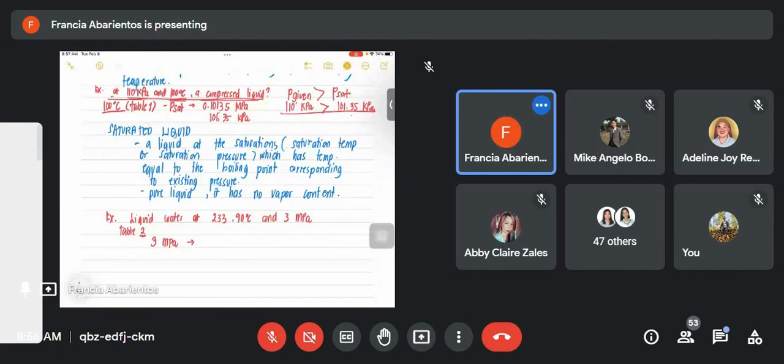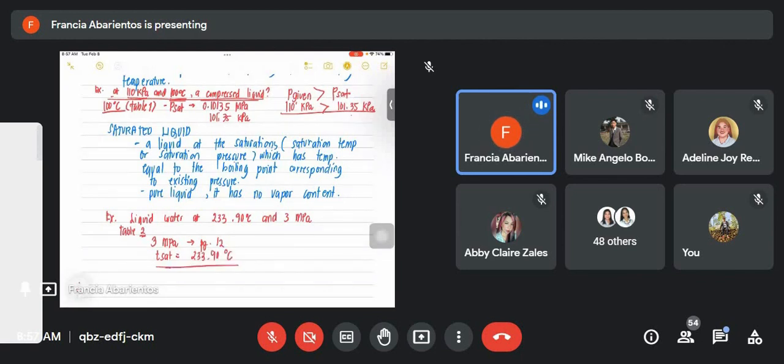Okay? Ayan, page 12. Sa 3 megapascal, makikita niyo yung Tsat niya is equal to 233.9 degrees Celsius.